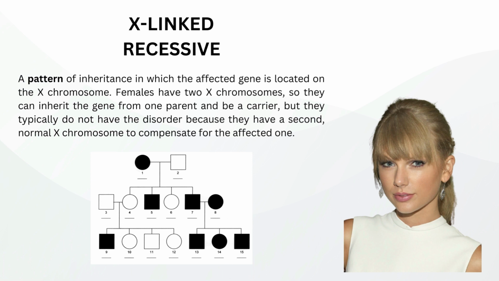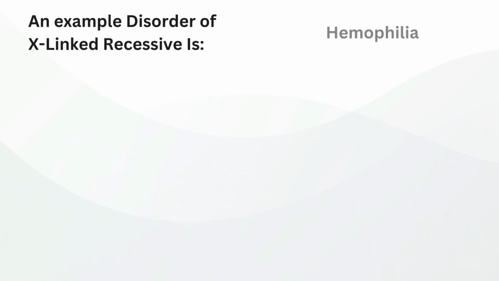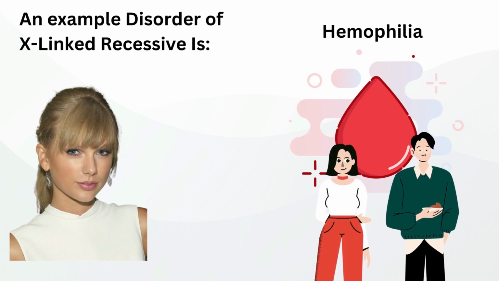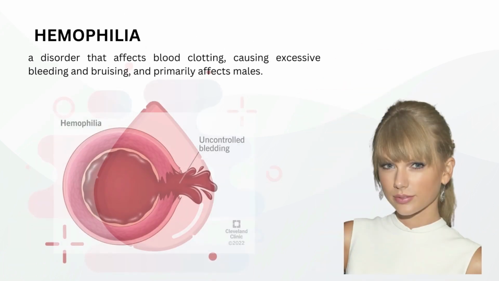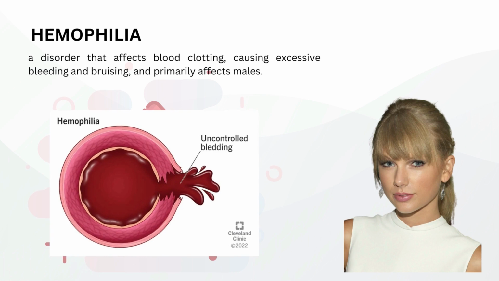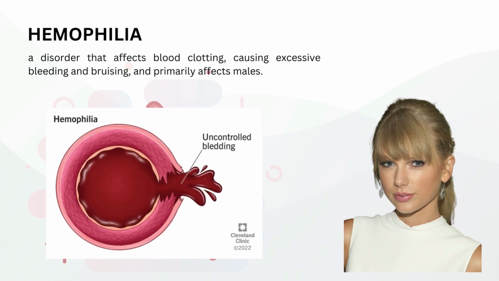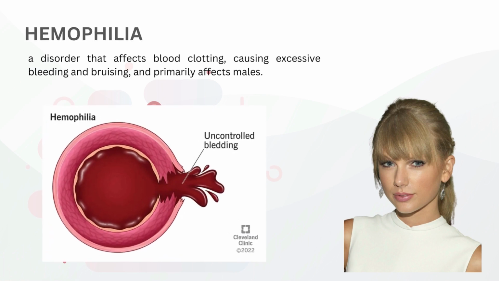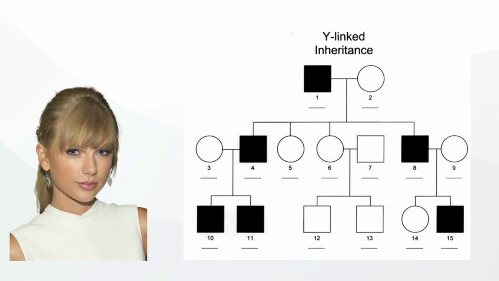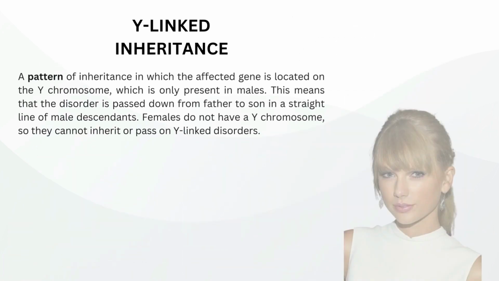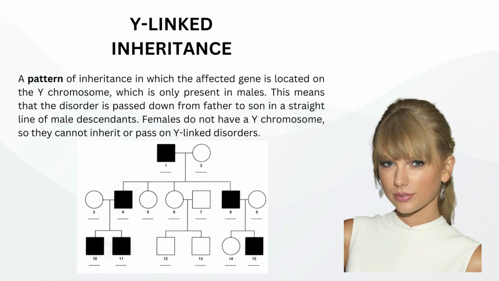Males only have one X chromosome, so if they inherit the gene from their mother, they will have the disorder. An example of a disease is hemophilia, which is a disorder that affects blood clotting, causing excessive bleeding and bruising, and primarily affects males.